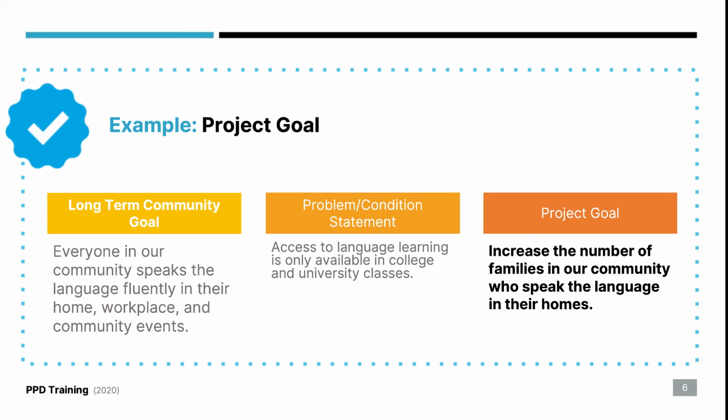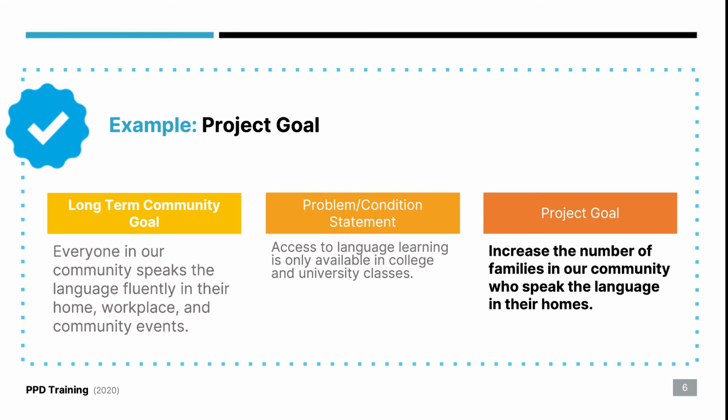And you're also identifying the scope. You want them to be proficient enough in the language to speak their language at home with each other, right? So that's that positive change that your project aims to implement into your community. After your project's been successfully implemented, you should see an increase in the number of families in your community who can speak the language at home.